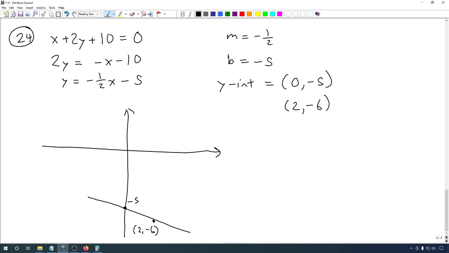And we get our line through those 2 points. Now, technically, there are other ways of approaching this. This is just one easy way to do it. Once we put it in the slope-intercept form, we basically already have all the information we need to just go ahead and draw it out.